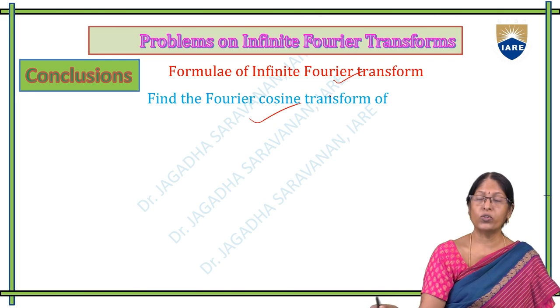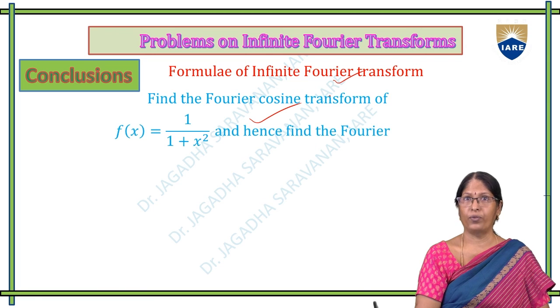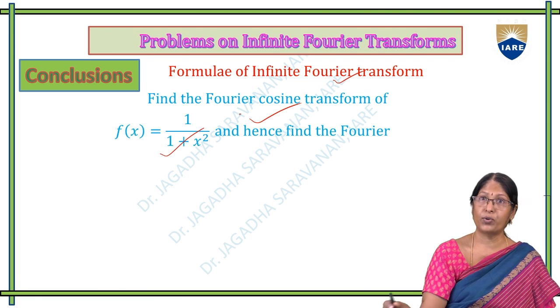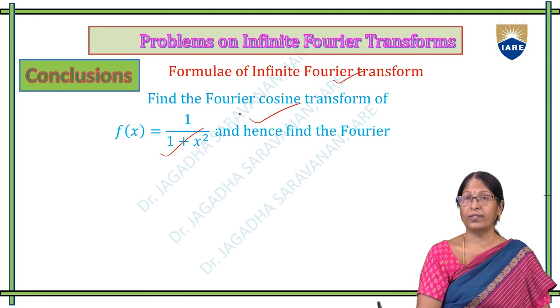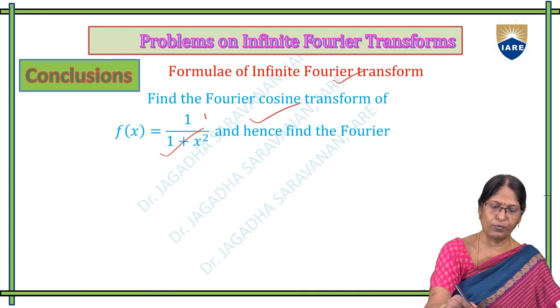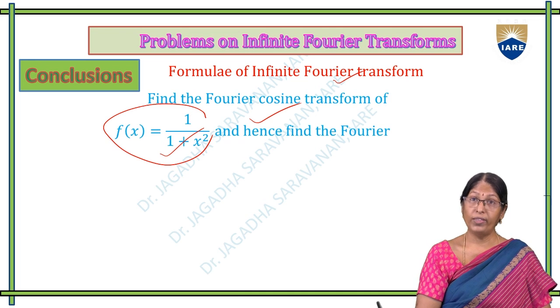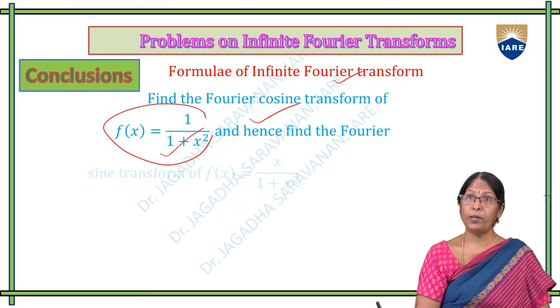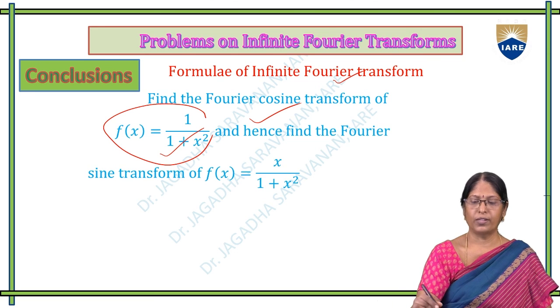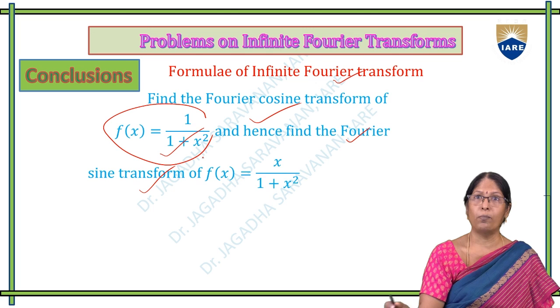Find the Fourier cosine transform of f of x, the function 1 by 1 plus x square. We brought a differential equation format. We solved it with the help of, the second part of the problem, that is Fourier sine transform.